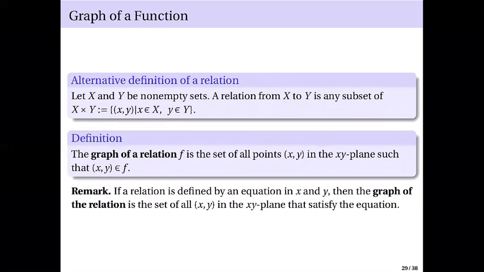If a relation is defined by an equation in x and y, the graph of the relation is the set of all (x, y) in the xy plane that satisfy the equation. So if we have an equation for the relation, all we need to do is check the equation. We check all ordered pairs satisfying the equation.